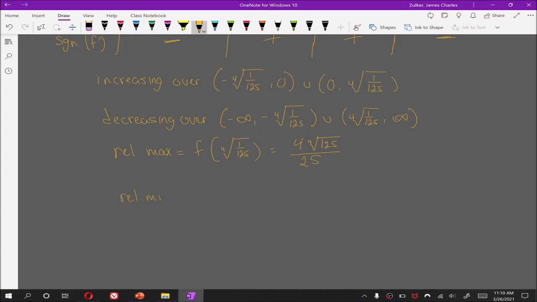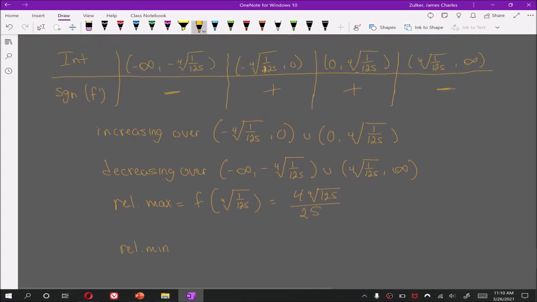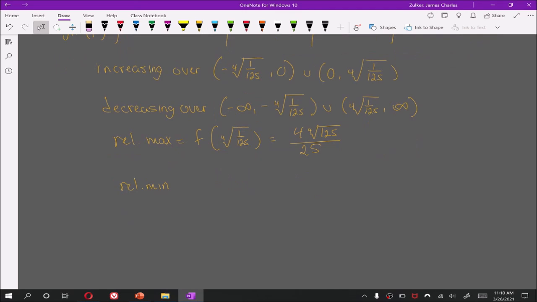For the relative min, we switch from negative to positive at negative 4th root of 1 over 125. If we plug that back into the function, you'll get negative 4 times the 4th root of 125 all over 25.